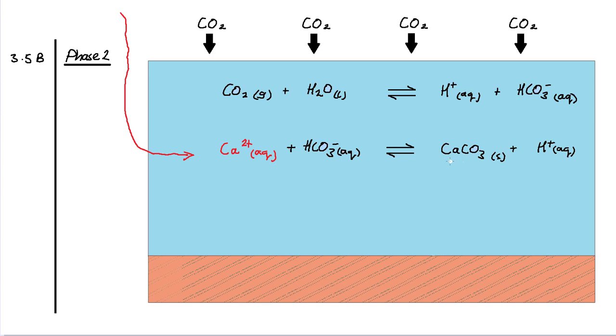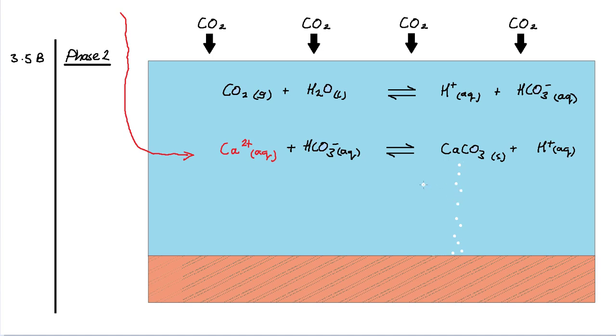Now then, what happens next is calcium carbonate is a solid, so this is precipitated, right? And what will happen is it will form and then sink to the bottom of the ocean. So calcium carbonate starts to get deposited on the ocean bed. All right. Now, what we need to remember is this is a reversible reaction.